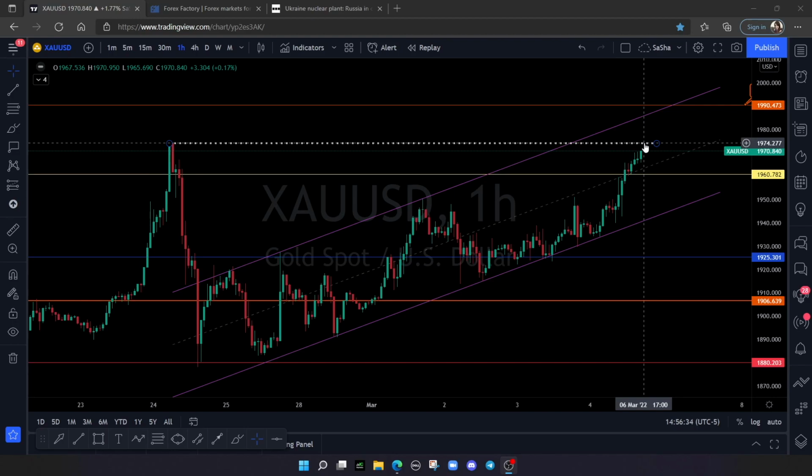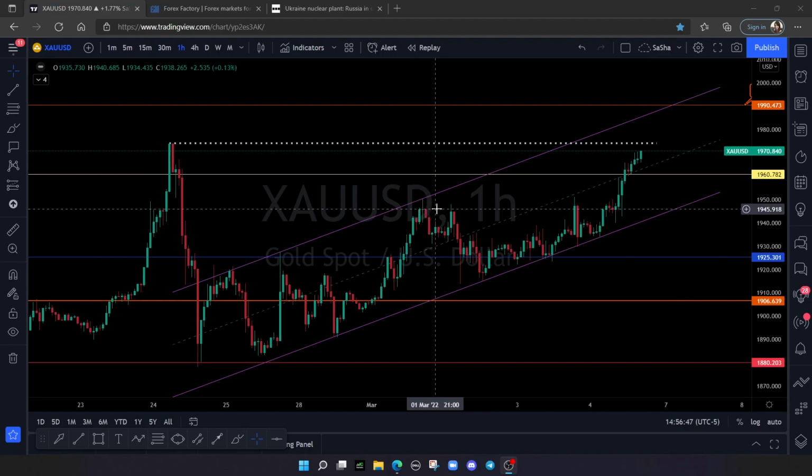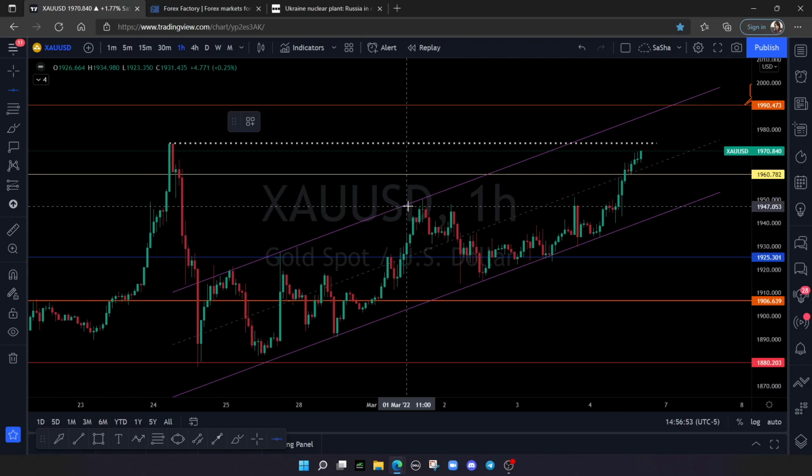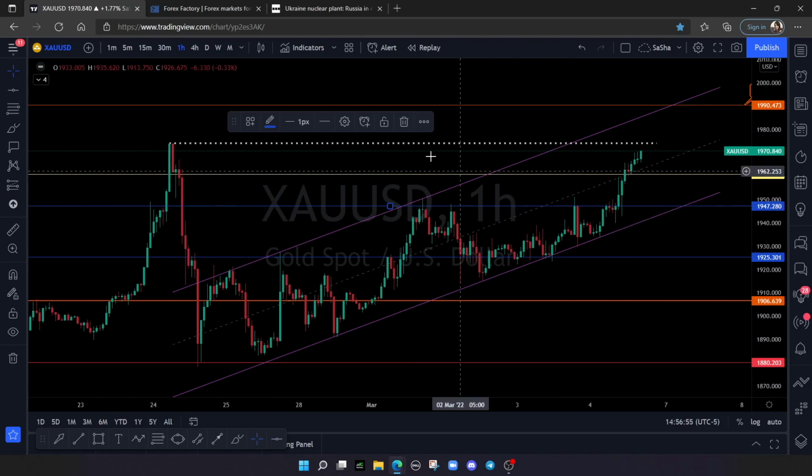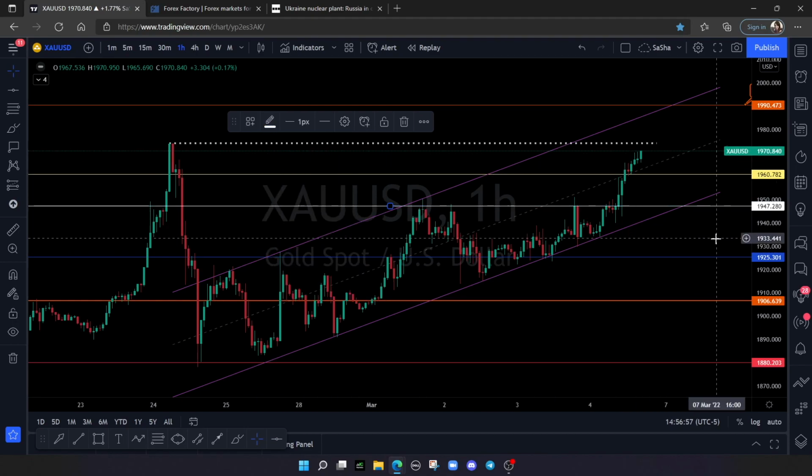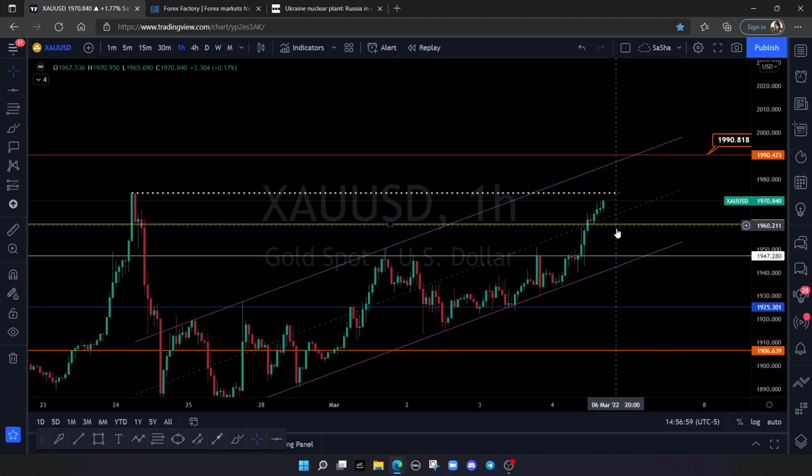Are we going to cross above? Or are we not even going to reach there and go for some retracements? If we go for a retracement, back to this level here, where the price broke out. So have this marked on your charts, and this could be your current area of interest from here to here.